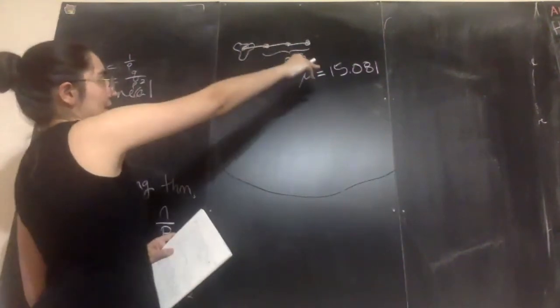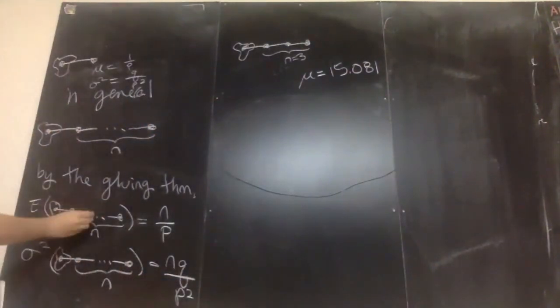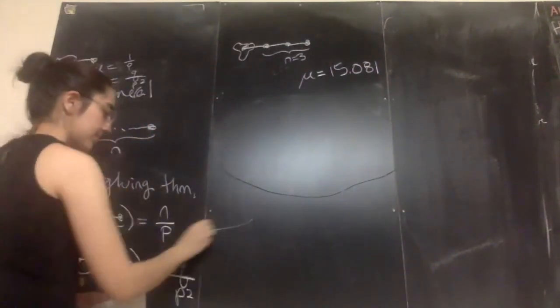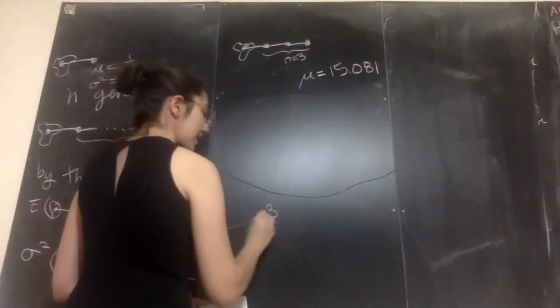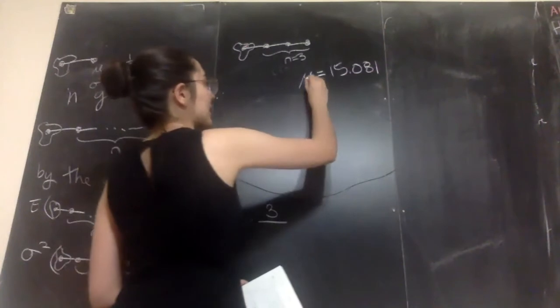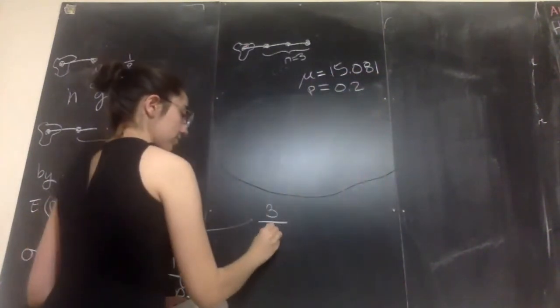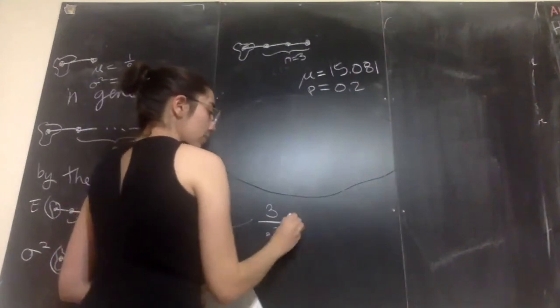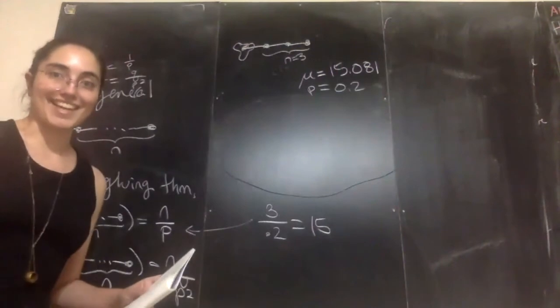When we plug that into our formula here, so n equals 3, we ran it with a probability of 20%, so 3 over 0.2, which happens to equal 15. And that was very satisfying.